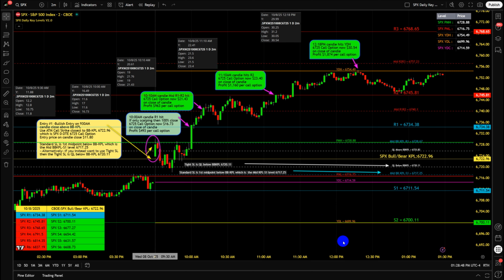So even if the YDL was down here, or somewhere between the midpoint and S2, then on the bearish trade, any one of these levels that is below the 1.5 level point would also be levels that you can consider either closing out or making adjustments, as long as they are beyond the 1.5 level move point.